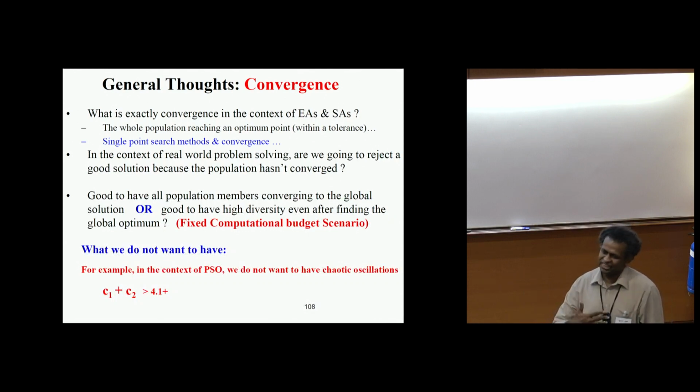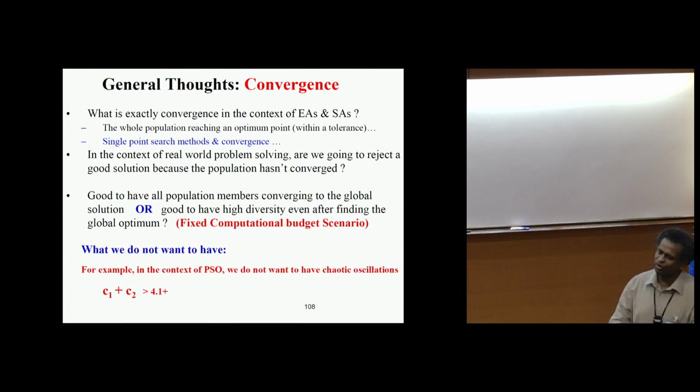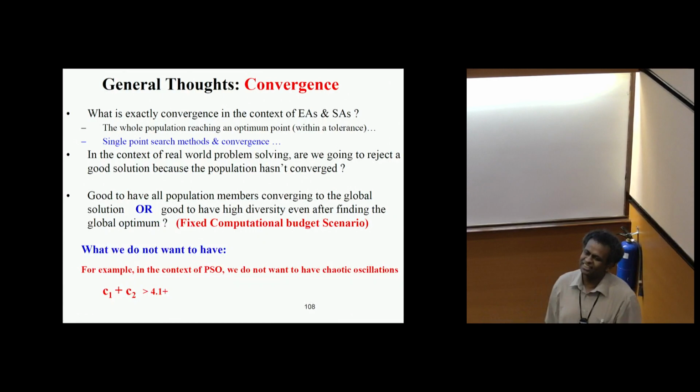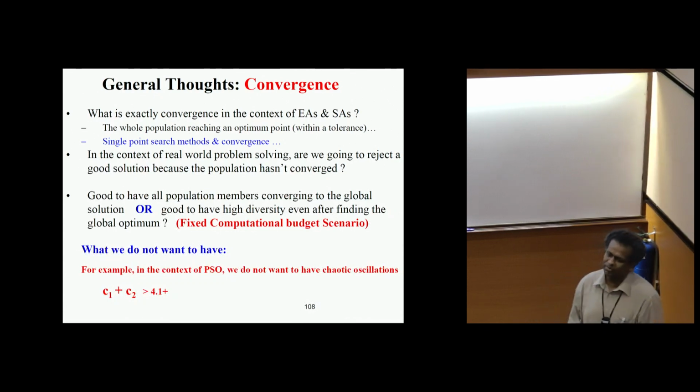So when we do research evaluation for new algorithms, we make use of benchmark problems. And for all benchmark problems, we know where the solution is. So immediately we can say if the evolutionary algorithm converges to the known solution, it has done the work. If it converges to a local solution, it didn't do the work. But as far as the algorithm is concerned, it has no idea where the right solution is.